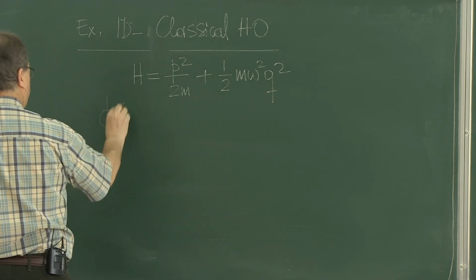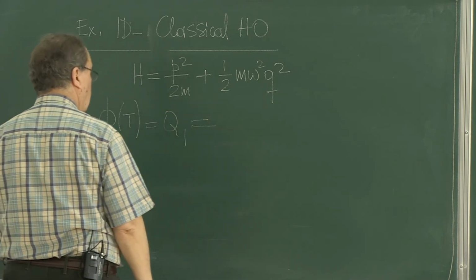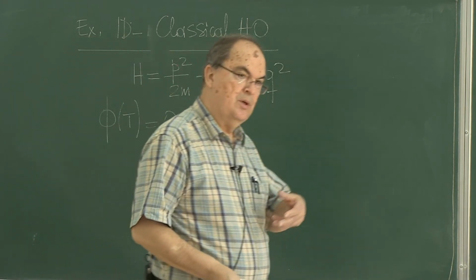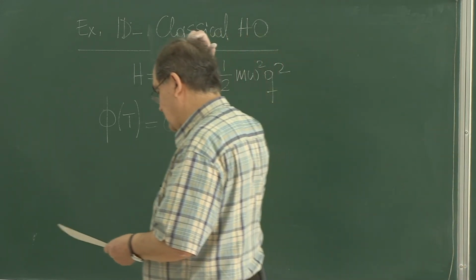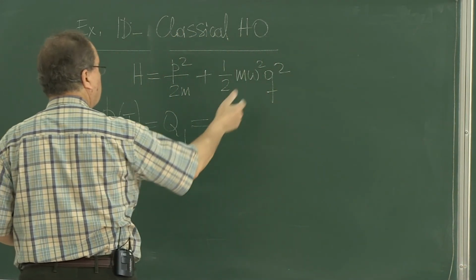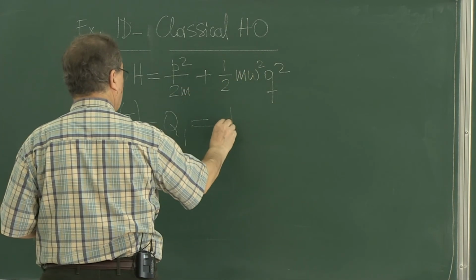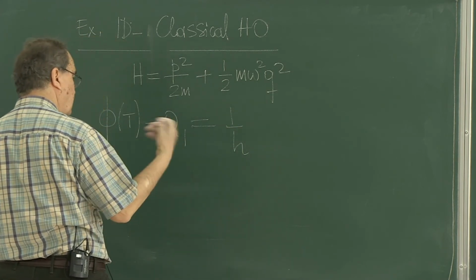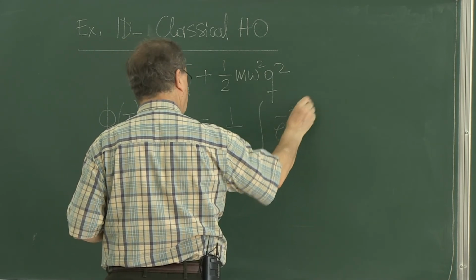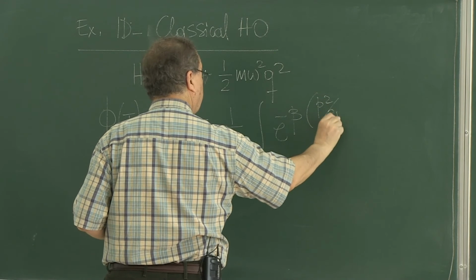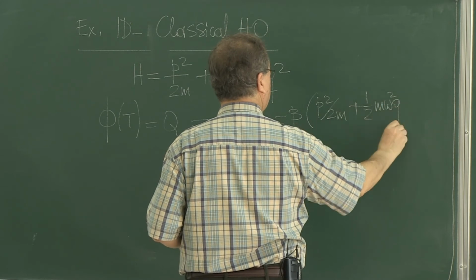One particle partition function is, well, of course, the sum turns into an integral in the classical case, and in one dimension you cannot separate the volume term because there's q in the Hamiltonian, so it is like 1/h instead of L/h, integral of e to the minus beta times p squared over 2m plus 1/2 m omega squared q squared, the Hamiltonian.